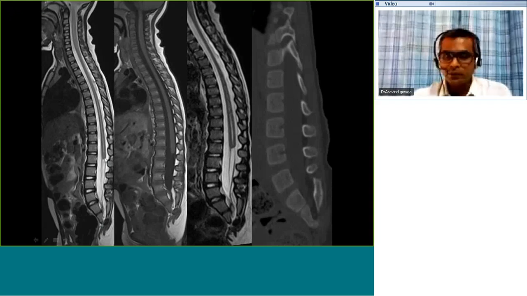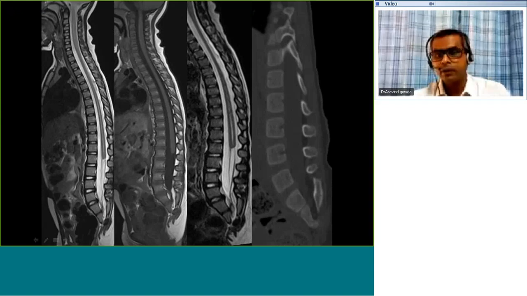It may be associated with tethering of the cord. So a club-shaped spinal cord with syrinx and absence of the vertebrae, especially the lower lumbar, sacral and coccygeal vertebrae, goes to caudal regression syndrome type 1. This is the CT scan film. You can see below L5, it is not present.